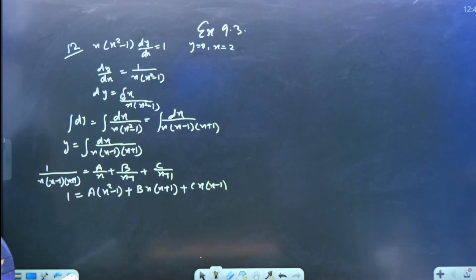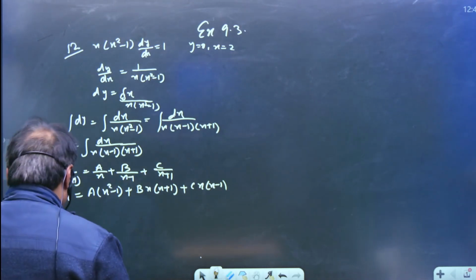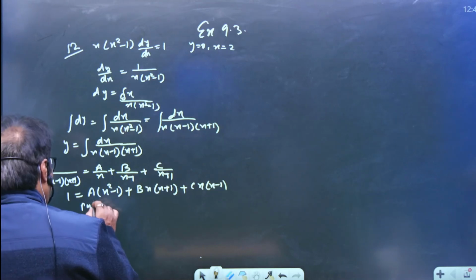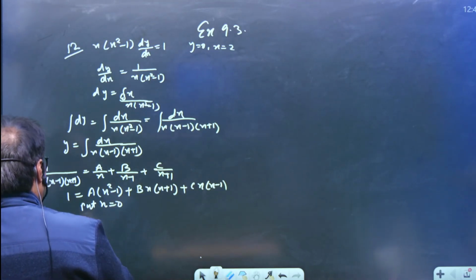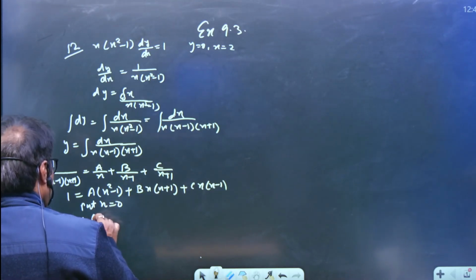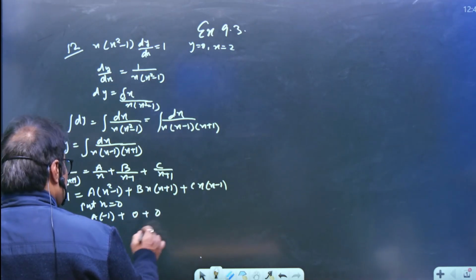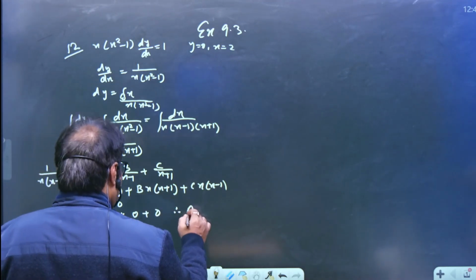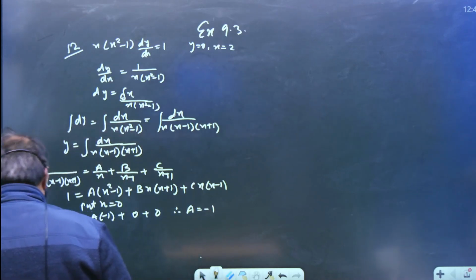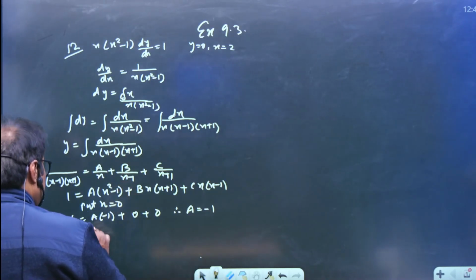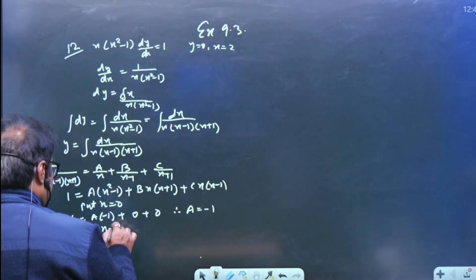Now all the factors are linear. So first put x is equal to 0. So 1 is equal to a into minus 1, and now this will be 0 and this will be 0. So we got the value of a is minus 1. And now put the second factor, x minus 1 is equal to 0.